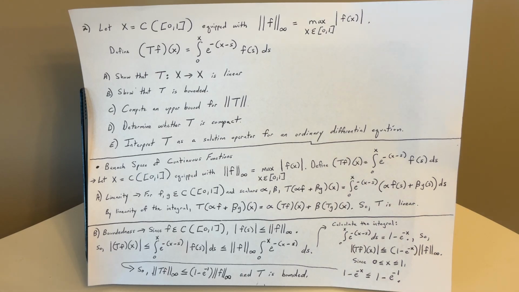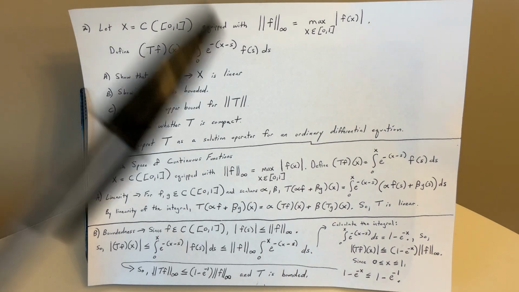So the absolute value of T applied to f at x is less than or equal to the integral from 0 to x of e to the negative quantity x minus s, absolute value of f(s) ds. That's less than or equal to the norm of f, infinity, times the integral from 0 to x of e to the negative quantity x minus s ds.